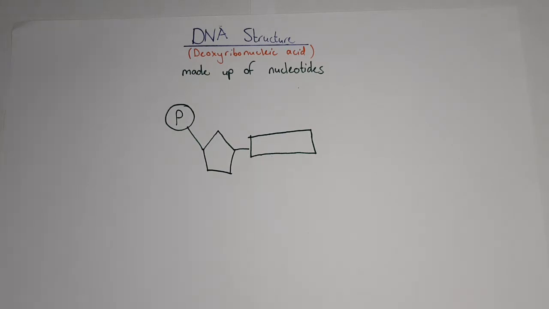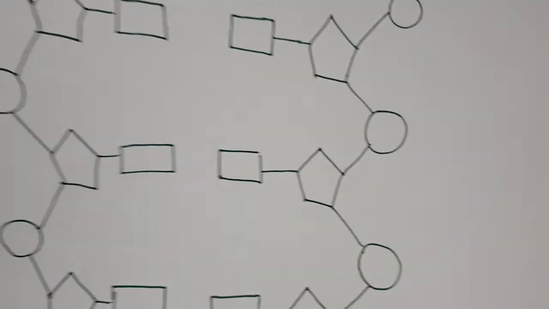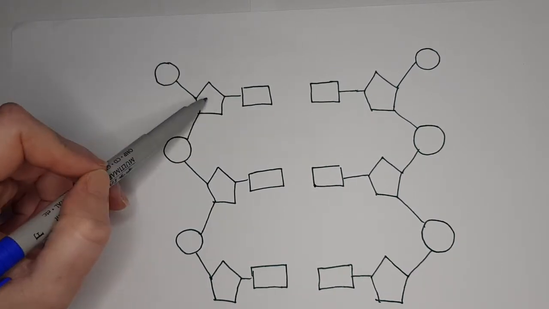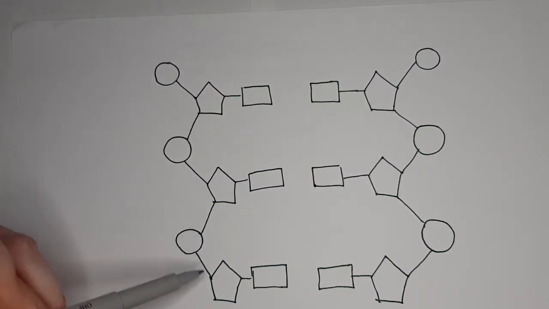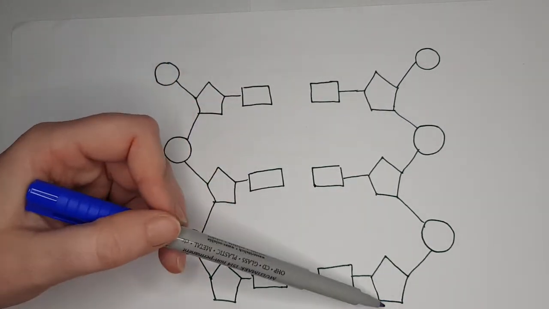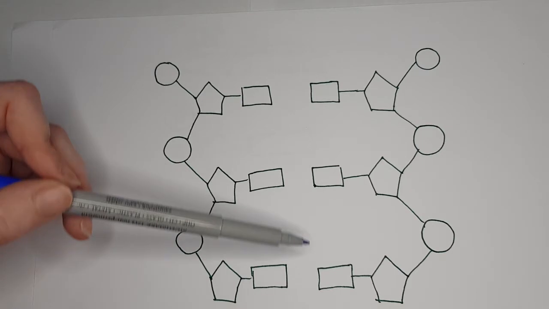So DNA is going to be double-stranded, and you're going to have all the nucleotides linked together, where our one nucleotide is joined to the next one, and then on the other side we have the same thing with the bases meeting in the middle.